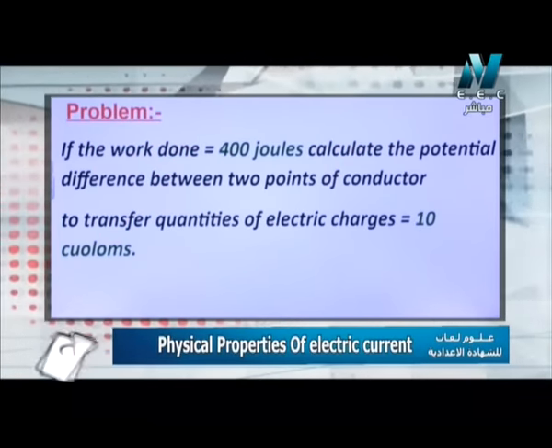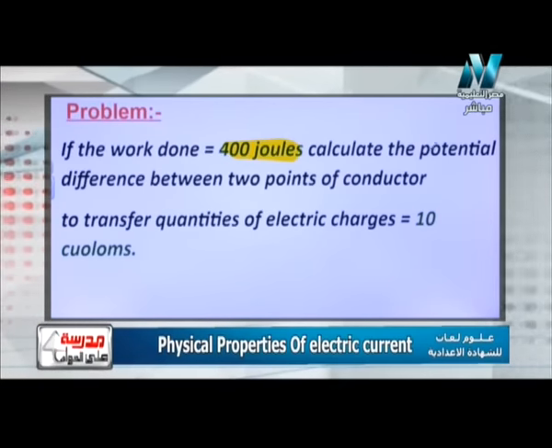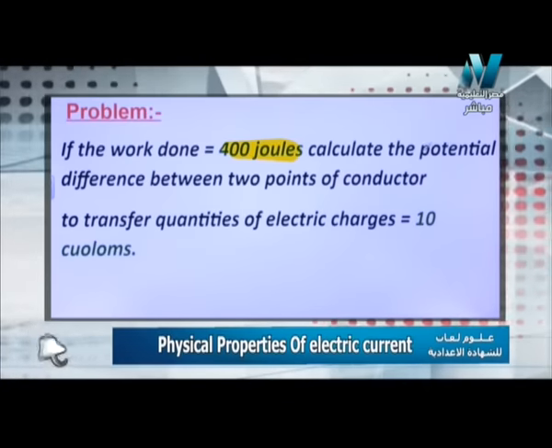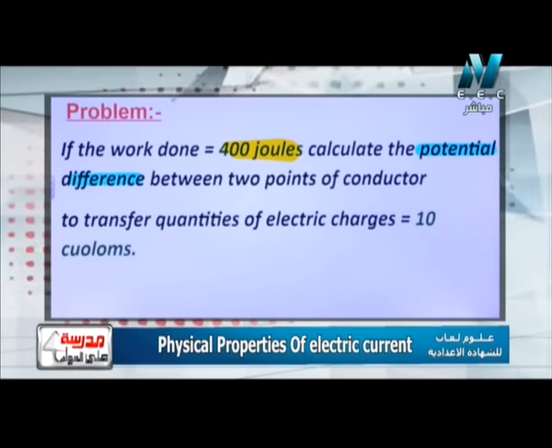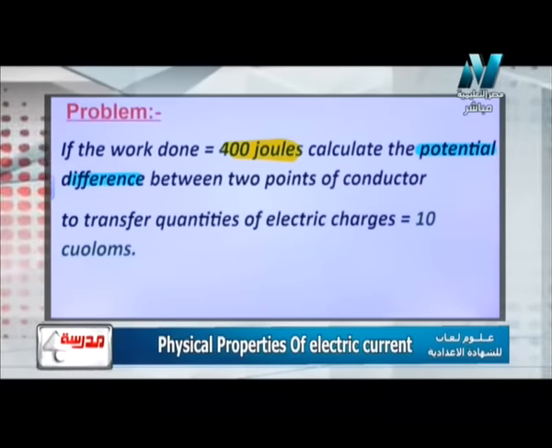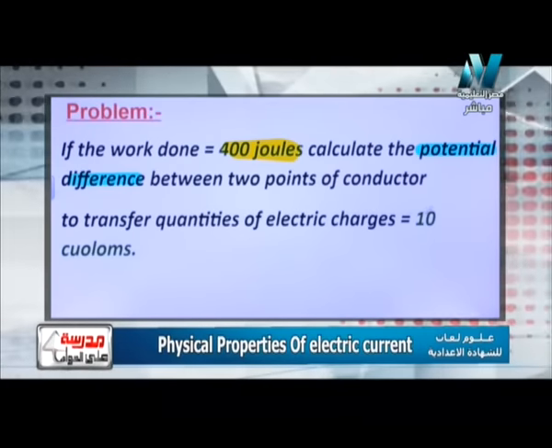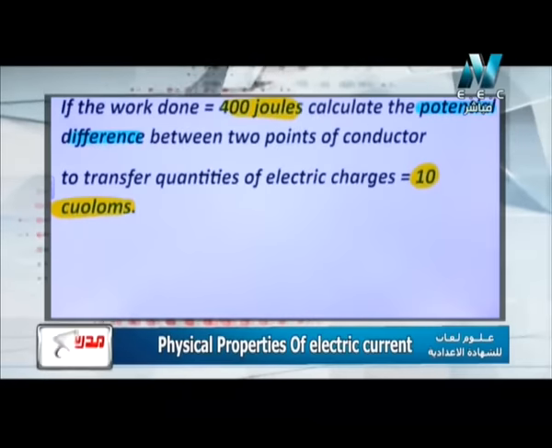Equals 400 joules. Calculate the potential difference. It asks me to calculate the potential difference, which means V, between 2 points of a conductor to transfer a quantity of charge equal to 10 coulombs.